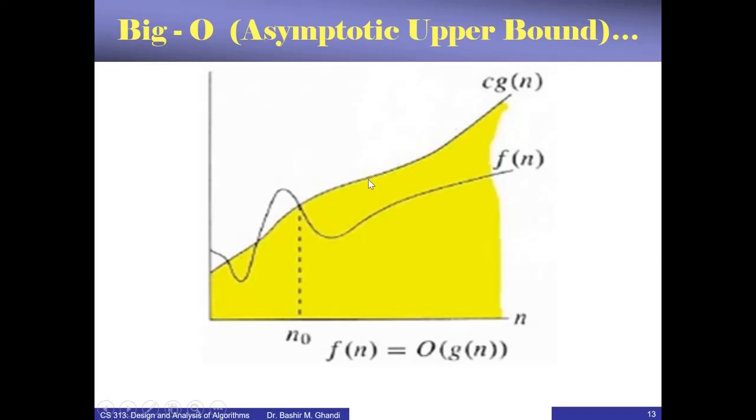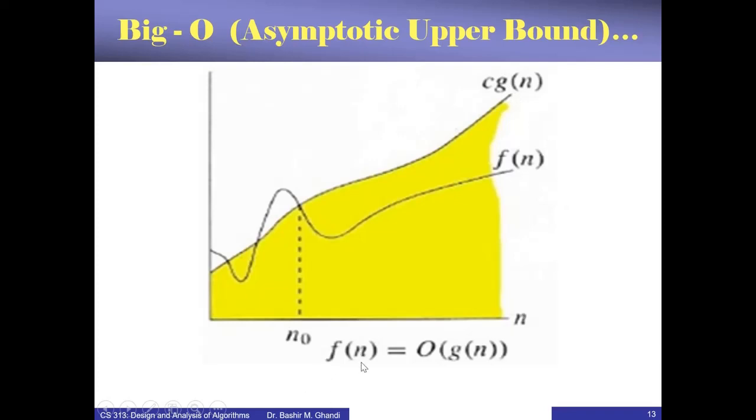If that is the case, we say that f(n) is big O of g(n). f(n) belongs to the class of big O of g(n), or f(n) is bounded above by g(n). It can never grow faster than g(n).